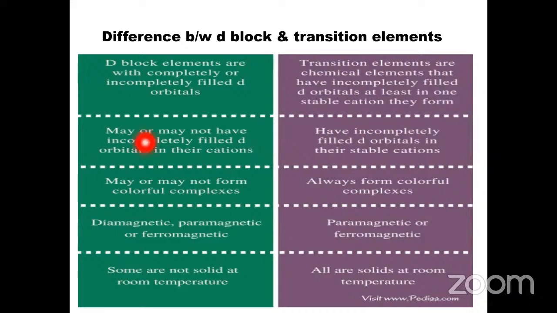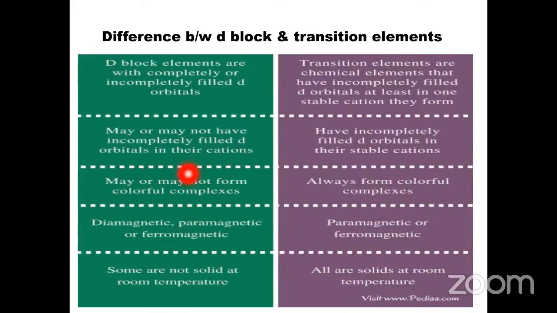D block elements may or may not have incompletely filled d orbitals in their cations. The transition elements have incompletely filled d orbitals in their stable cations. D block elements may or may not form colorful complexes, but transition elements form colorful complexes.